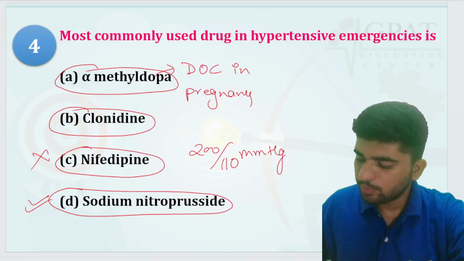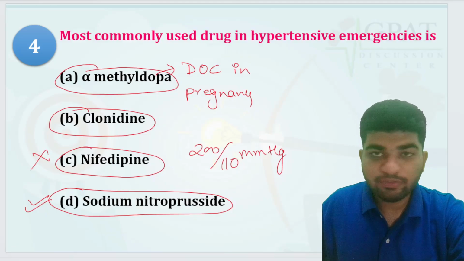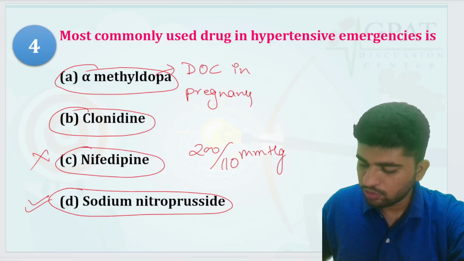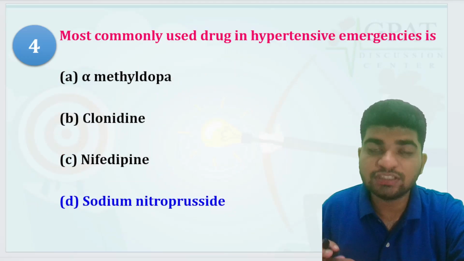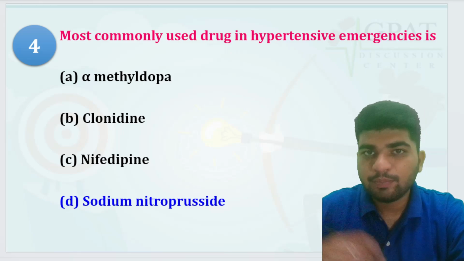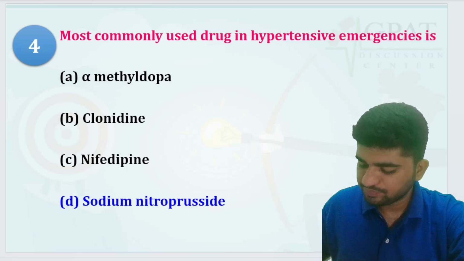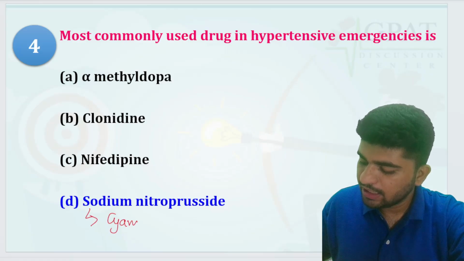So the most commonly used drug in hypertensive emergency is sodium nitroprusside, but it is not safe in higher doses, as we saw in the previous questions, because it may cause cyanide poisoning.